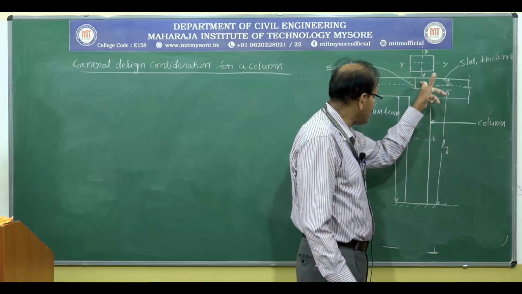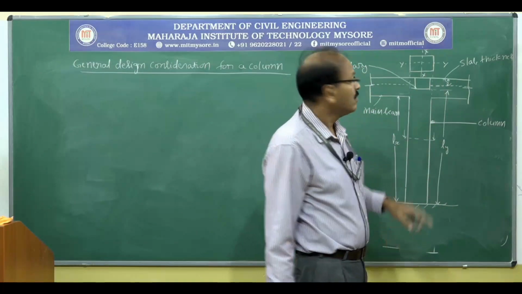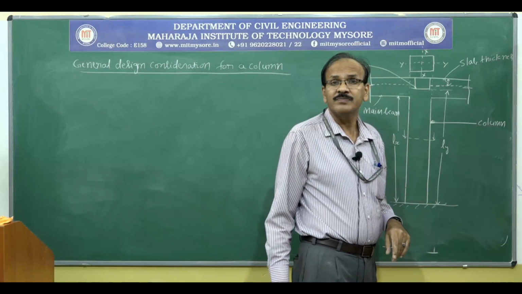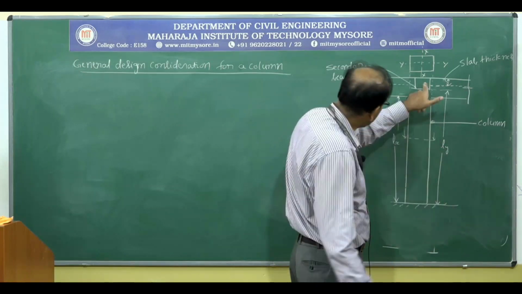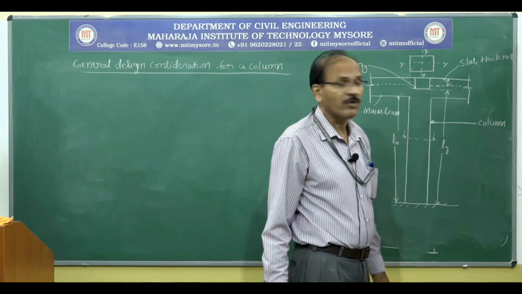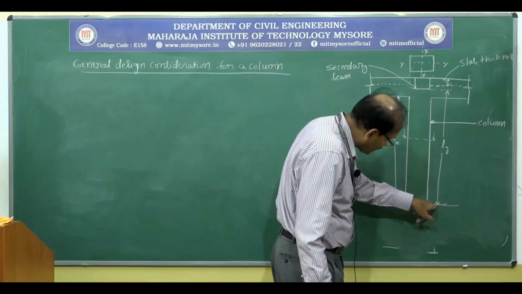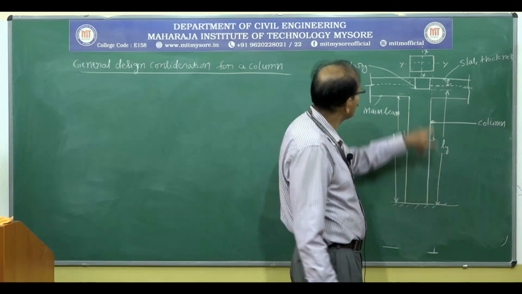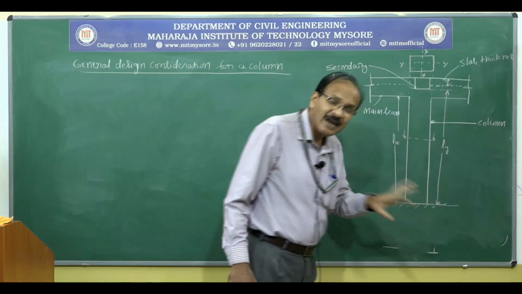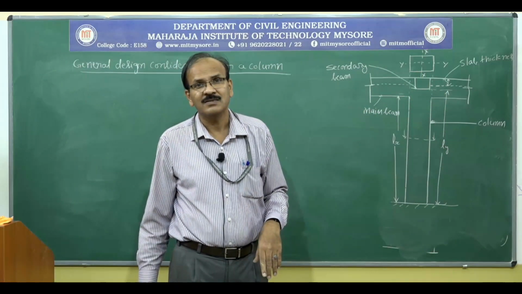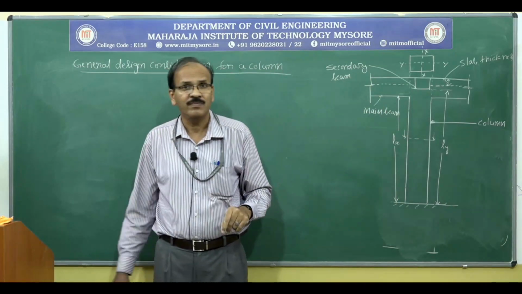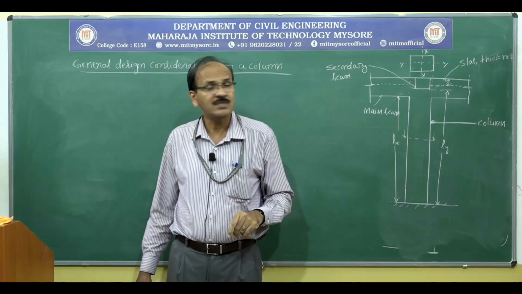Similarly, because we have beams perpendicular to the board, it may even buckle about YY axis due to the presence of these beams. So the distance measured from the floor level to the bottom of the secondary beam is the unsupported length when we consider the bending about YY axis. Is it clear to you?